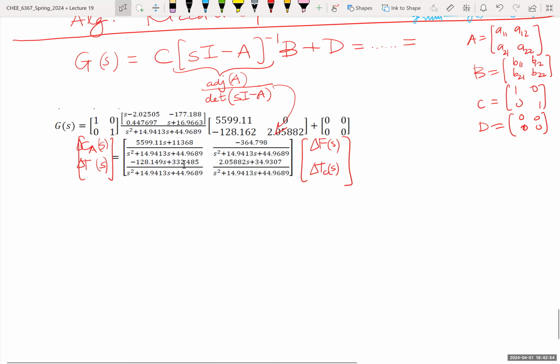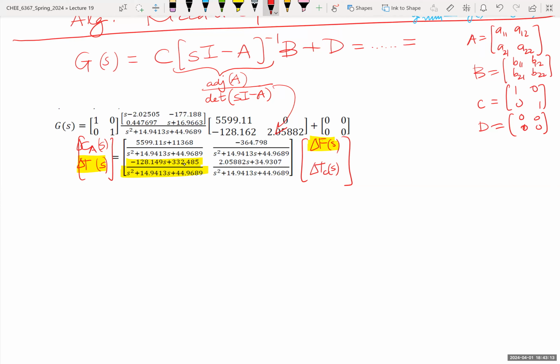So what does that say about the effect of this Laplace transform or this variable on this output? These two are related by this transfer function. Okay, so let me write these more explicitly.